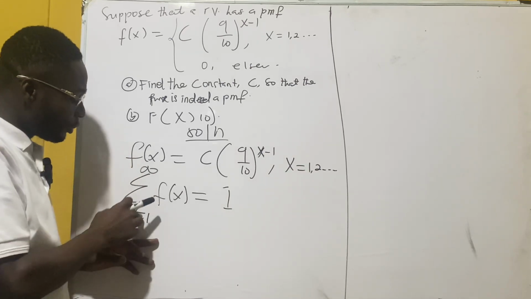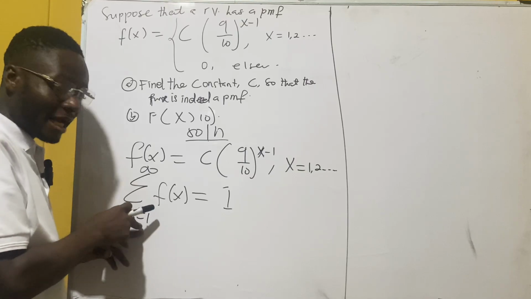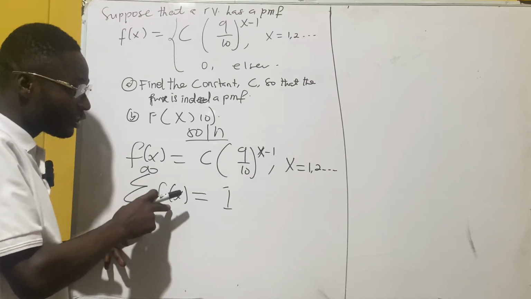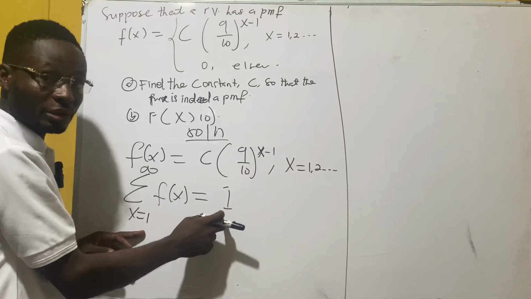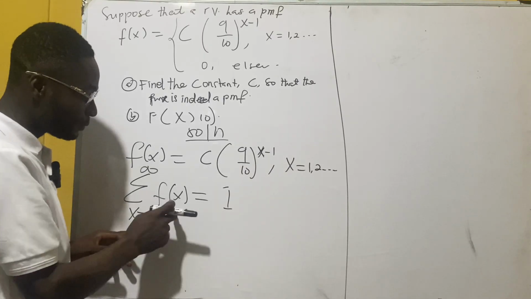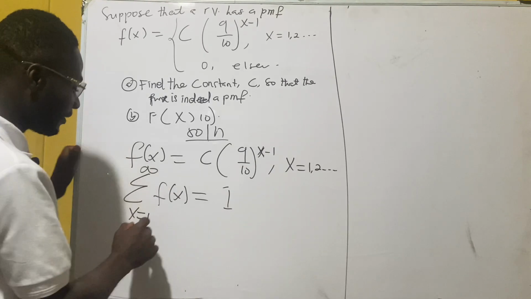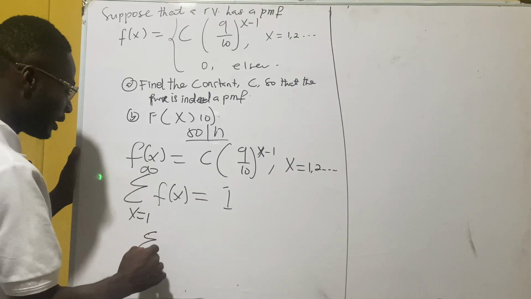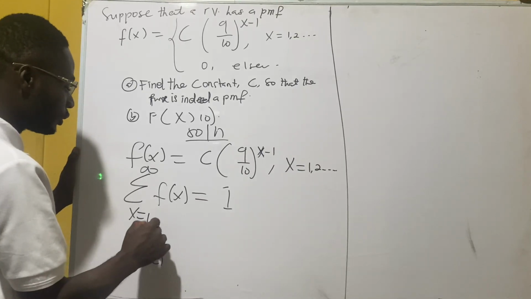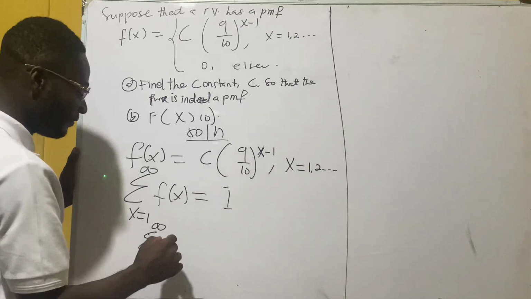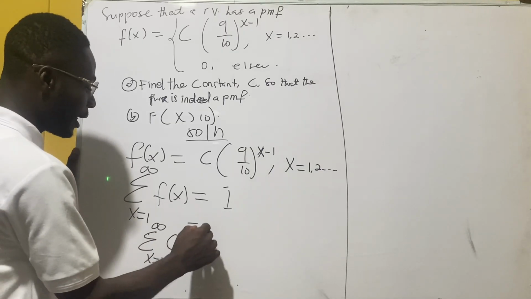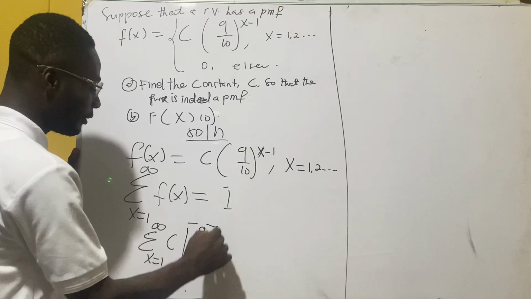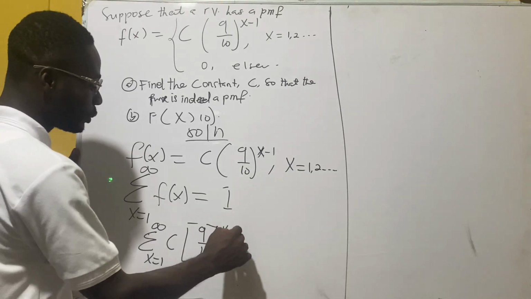So we find the summation from x equals 1 to infinity of the function, c into 9 on 10 to the power x minus 1, and that should give you 1.